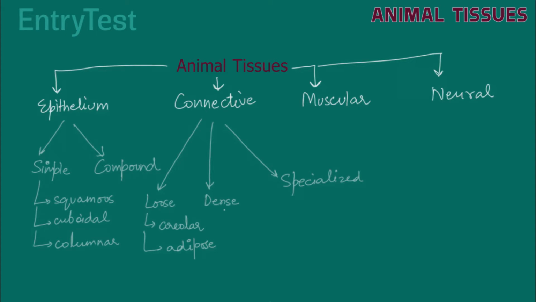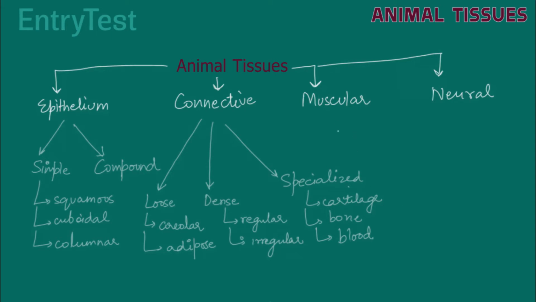Coming to the dense one, you have two types. One is regular, and the other one is irregular. And coming to the specialized tissue, these are ones that have been specialized to perform specific functions: cartilage, bone, and blood. So these are the three kinds of specialized connective tissue.